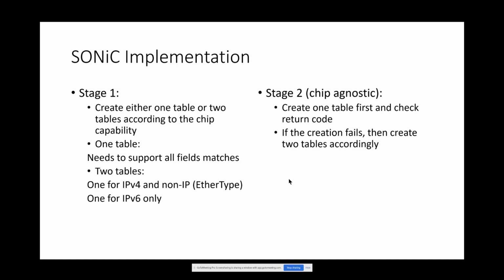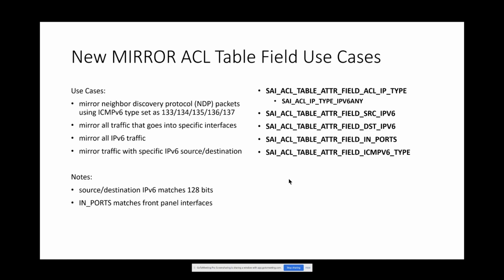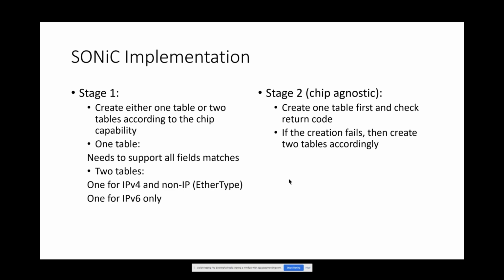That would be great, so that we can just extend the current table to support IPv6 and some extra fields, such as the ports and the ICMP type fields. But for some other chips, they might not be able to combine both IPv4 key and IPv6 key. So this means that we might have to create two tables according to the chip capability.